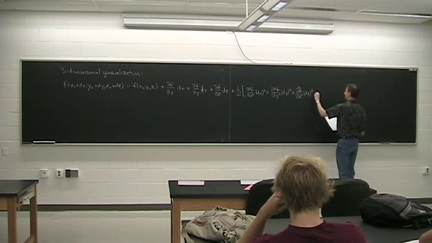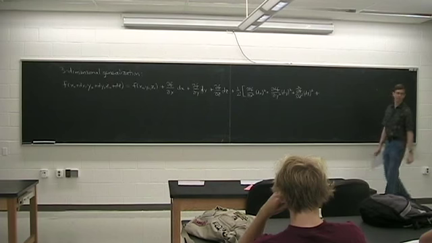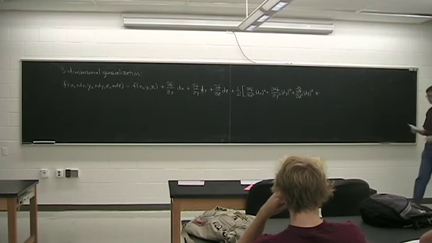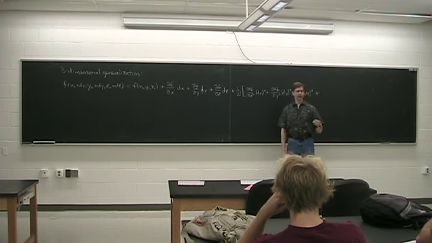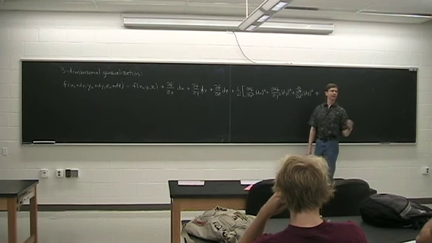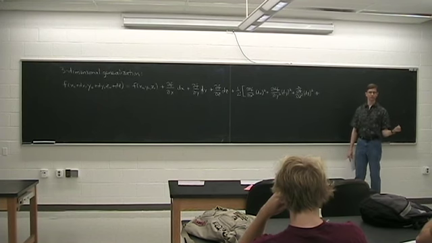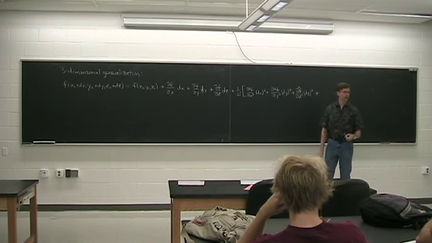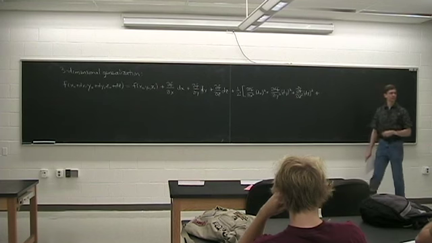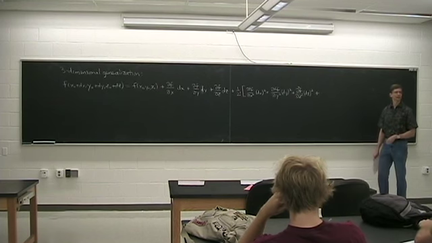And then, the thing with partial derivatives is you have to also throw in all the different mixed partials. But you know that the second partial with respect to x and then with respect to y is equal to the second partial with respect to y and then x. And so there's factors of 2 in front of each of these terms because there's 2 terms which are equal to one another.